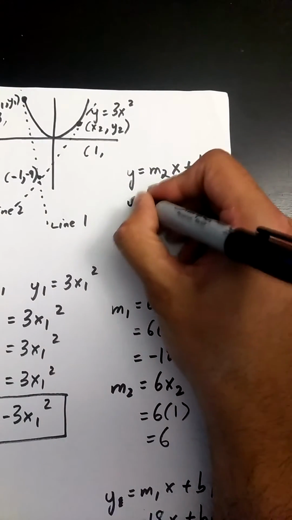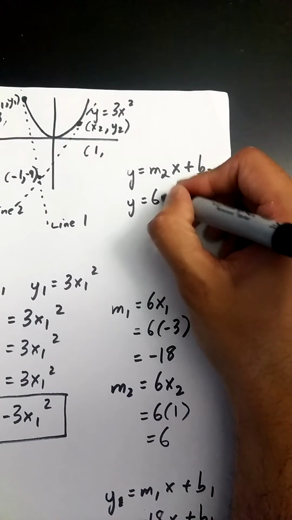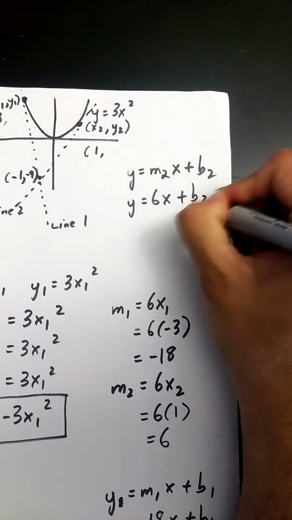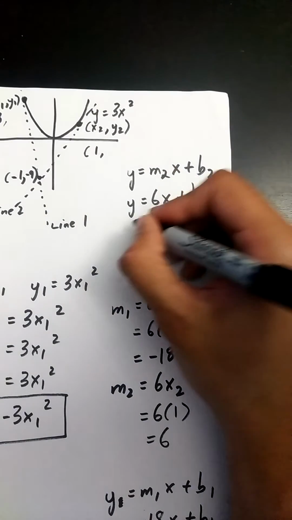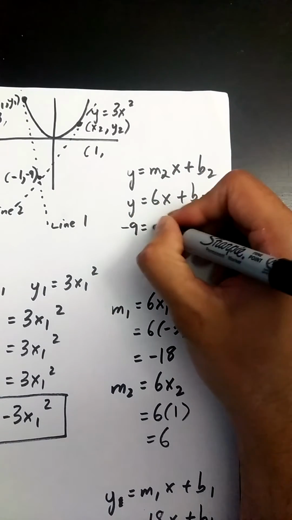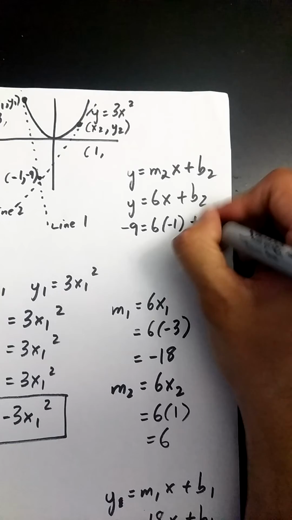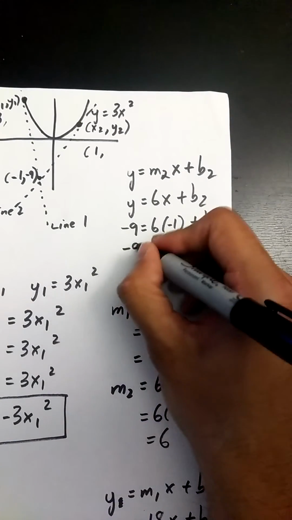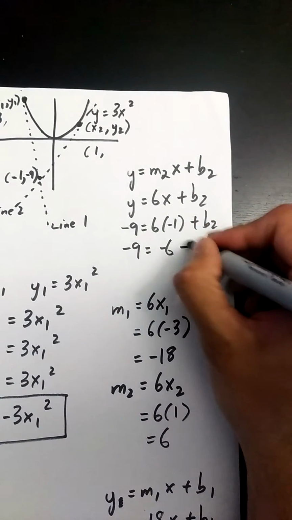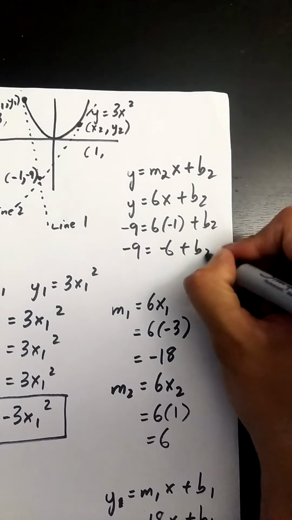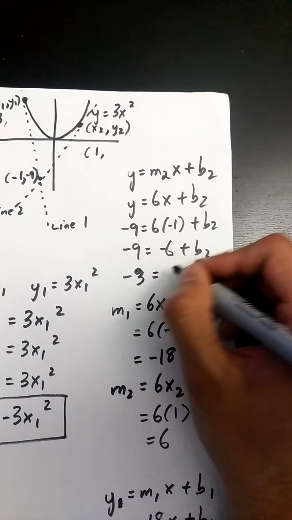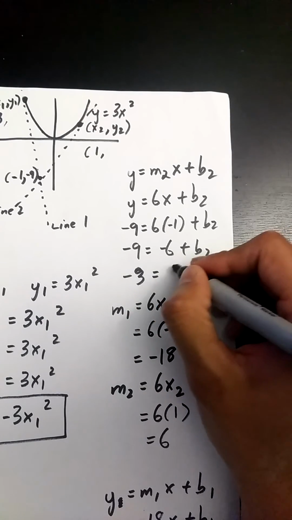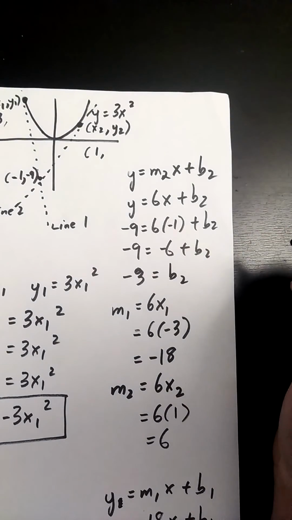Sub that back into this equation. So y equals 6x plus b2. And line number 2 also passes through this point, so I can sub this point in. -9 equals 6 times -1 plus b2. -9 equals -6 plus b2. -3 equals b2.